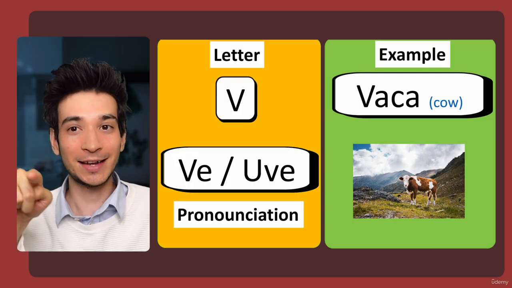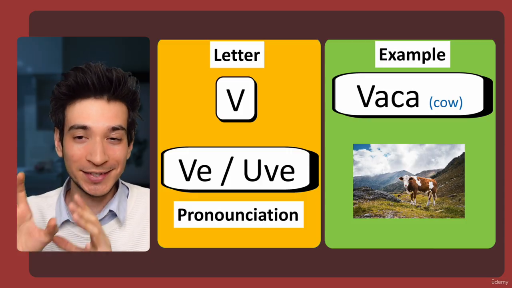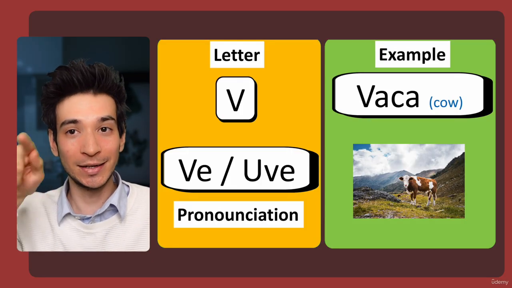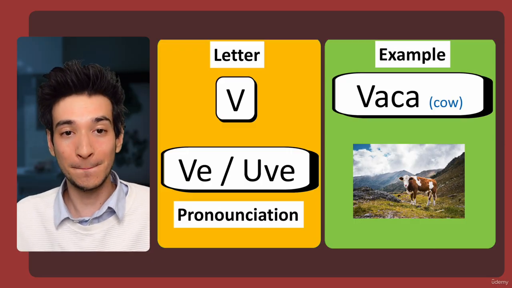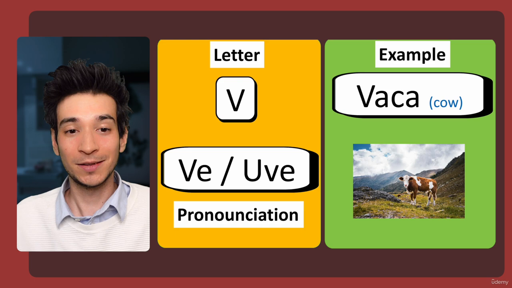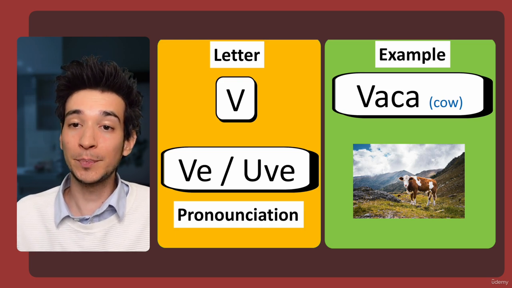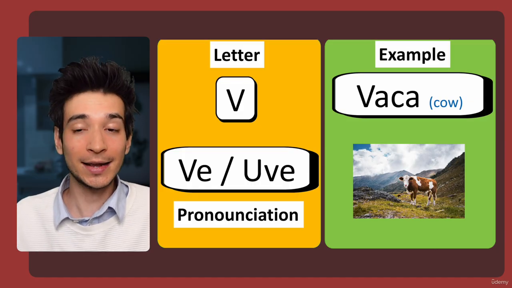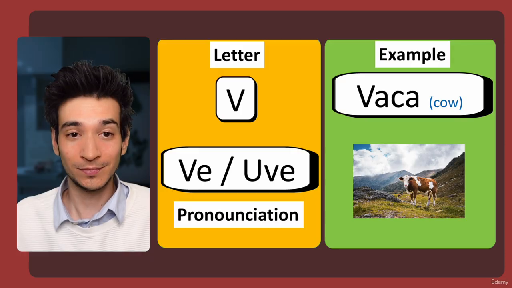That's why a lot of people say UV to make it more precise that they refer to the letter V. An example, vaca, cow.